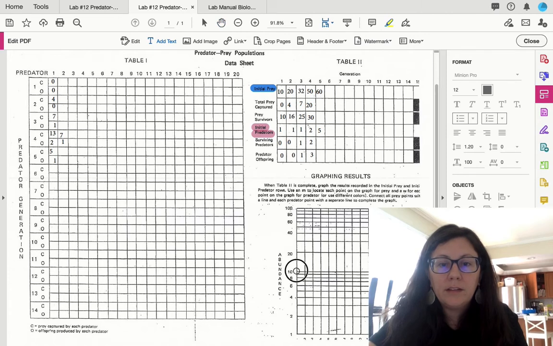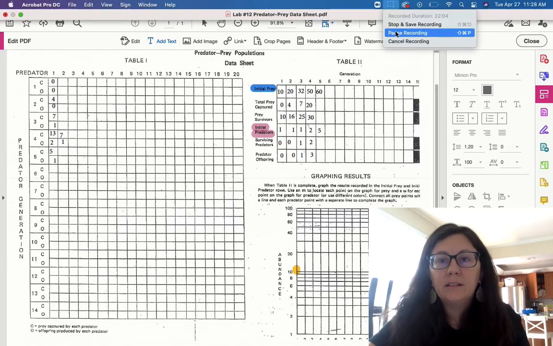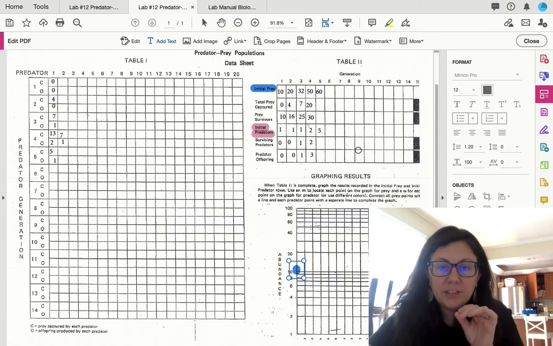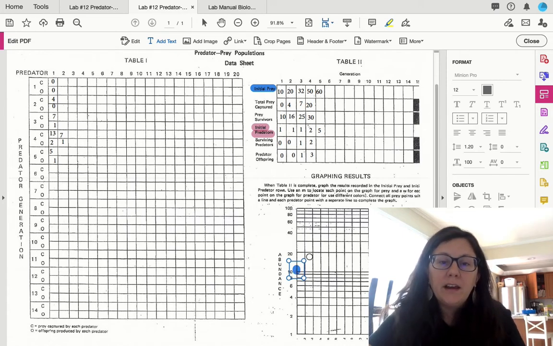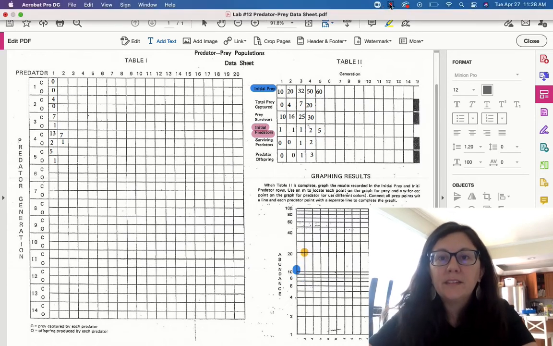I don't know how my professor made such nice little dots, but that dot is supposed to be right at the cross where the 10 crosses this line, so it'd be right there. The next one, we start with 20 mice, so you're going to put a dot here. I have to change the color every time.